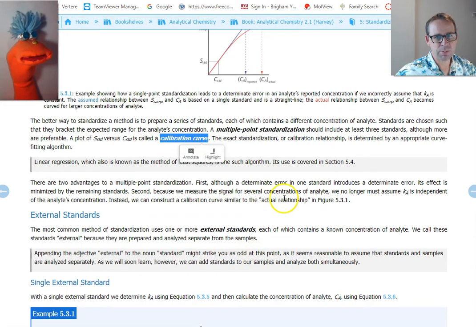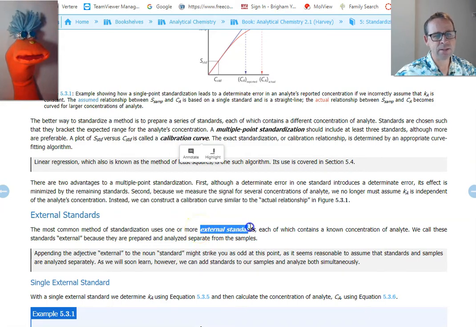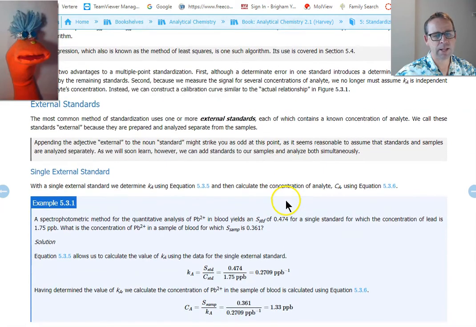Finding this relationship is sometimes part of the challenge, but generally we want to find a linear range where we can use a nice y equals mx plus b relationship between our signal and our standard concentration. All right? And this is essentially termed external standards. We're using external standards when we run this type of analysis.